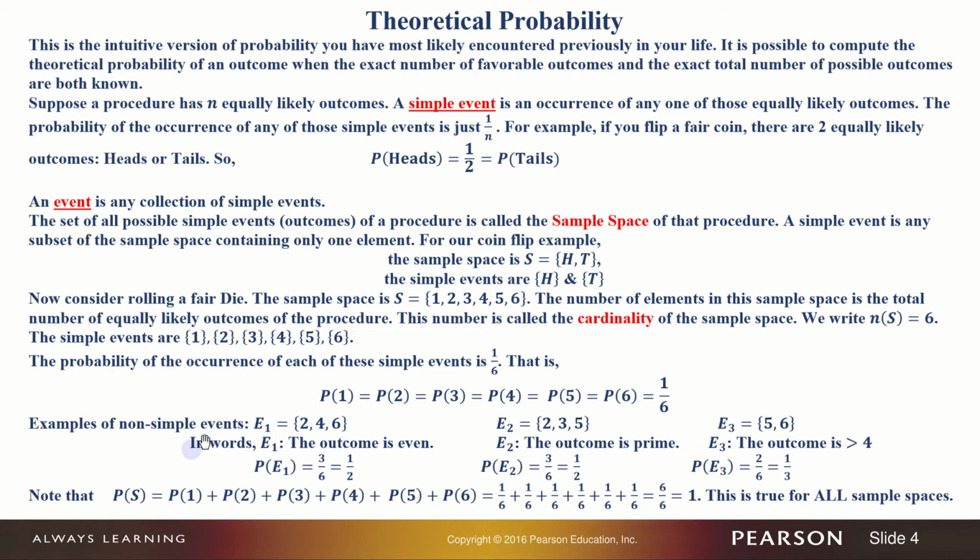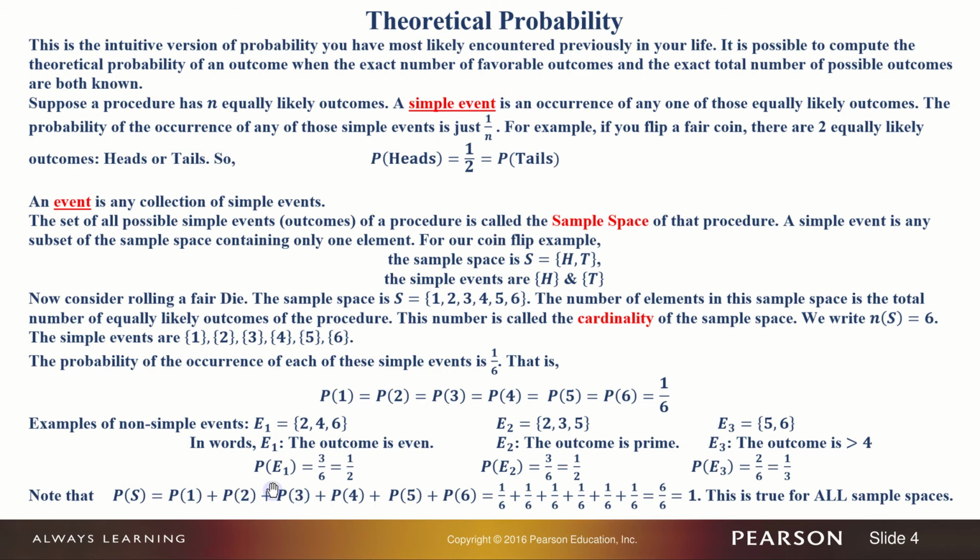Now, examples of non-simple events here would be something like this. Do notice normally they give the event to you in words, right? And you will have to come up with the mathematical version yourself, the set which would describe that event. So here, in words, the event is the outcome is even. And of course, you can see that in this sample space, the even outcomes are 2, 4, 6, right? So there it is. There is the description of the same event using sets.